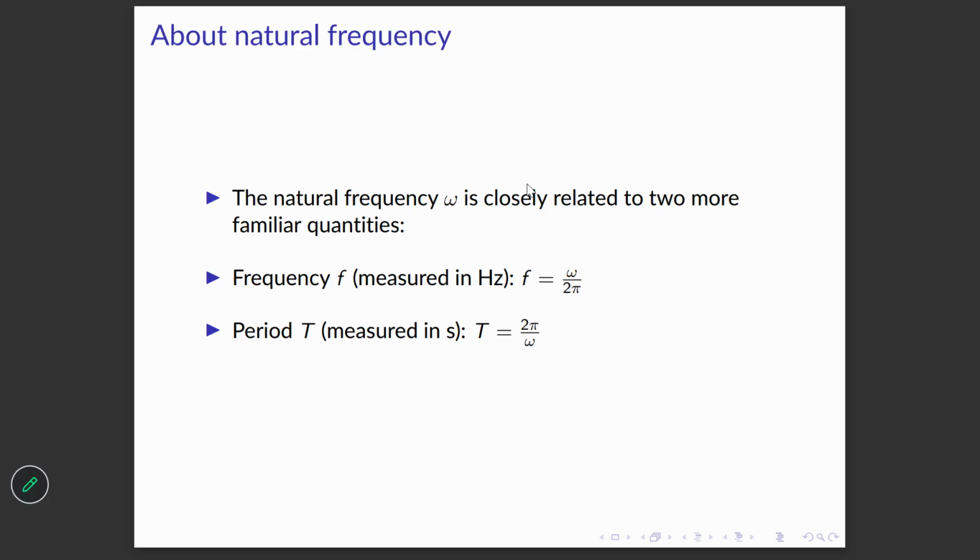Frequency should be 1 over pi, roughly 1/3. Or equivalently, period is 2 pi over 2, which is pi, roughly 3. Check on your calculator.